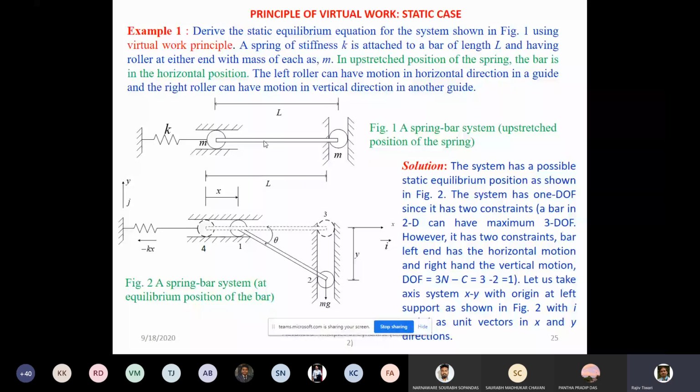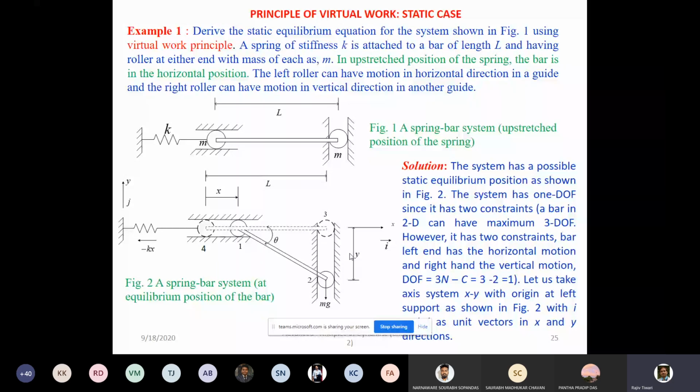The left end is constrained to move in the horizontal direction, and the right end of the bar is constrained to move in the vertical direction. So out of 3 degrees of freedom, with 2 constraints, only 1 degree of freedom is left. So only 1 degree of freedom or one generalized coordinate is enough to define the position of this particular bar.